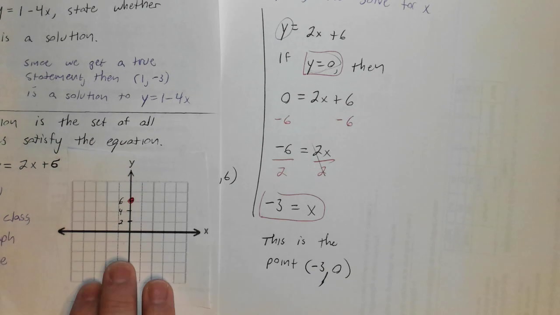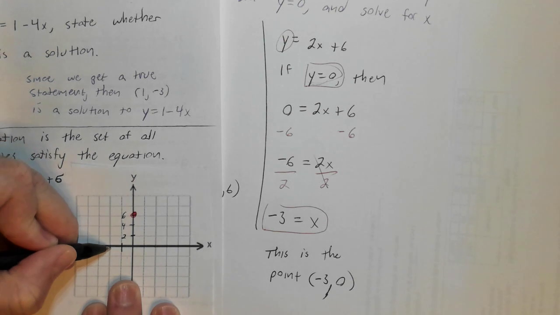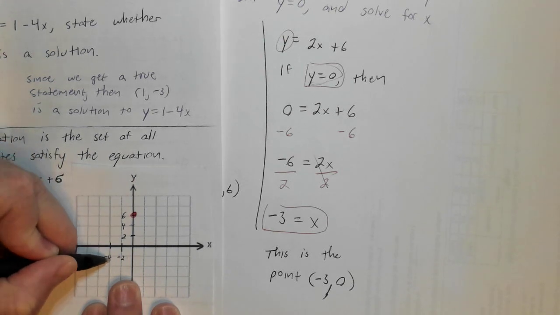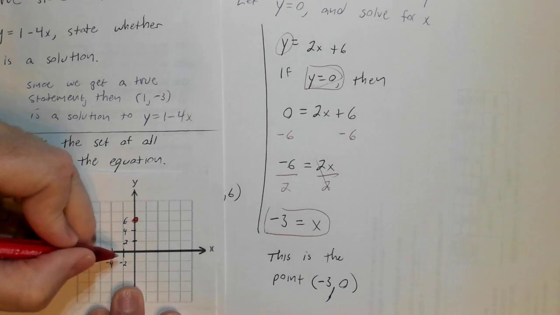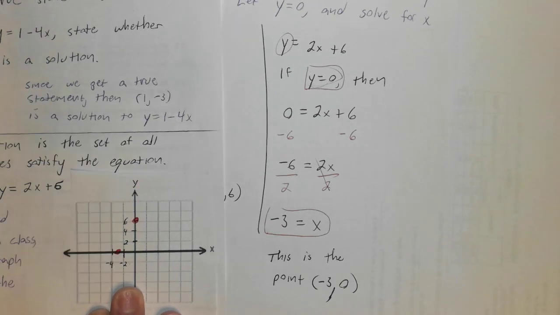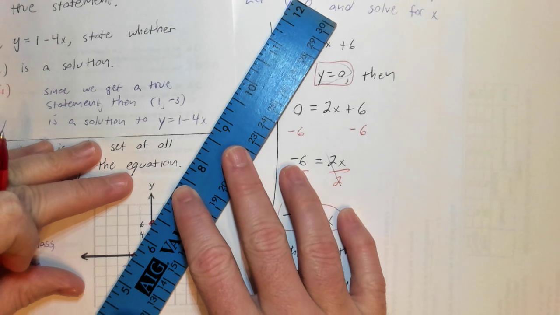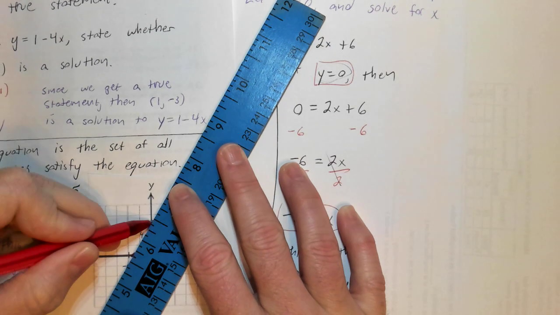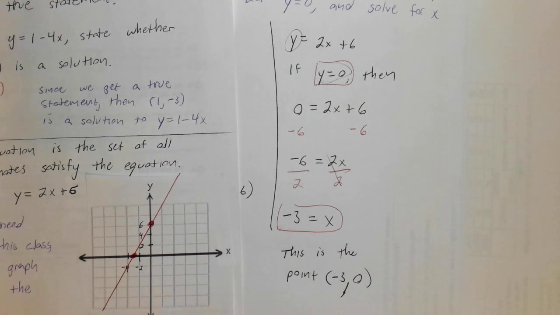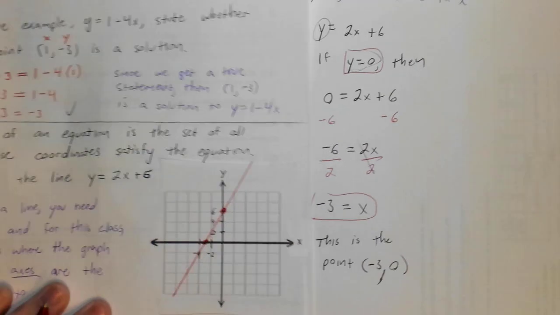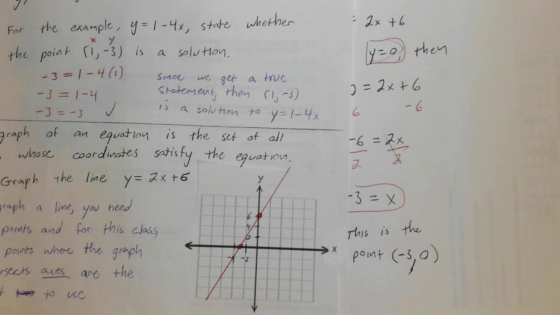If I plot (-3, 0), this was minus 2, minus 4, so it will be halfway between. That would be minus 3. And then we just connect the 2 points with a line. And there is our graph of the line y equals 2x plus 6. I just needed 2 points, or 2 solutions to the equation, to graph it.